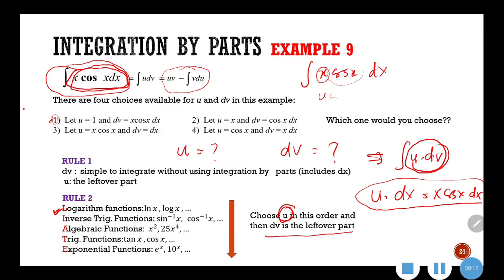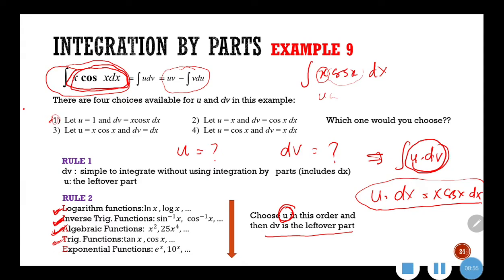Okay, and then if you have the inverse trigonometric function, sine inverse x, cos inverse x and so on, or if you have algebraic function, okay, maknanya yang paling priority kalau ada algebraic function, then we let u equal to algebraic function. And then if we have trigo function, maknanya sekarang ni kalau ada algebra and trigo, kita akan let u equal to algebra because the priority untuk algebra is higher than trigonometric function.